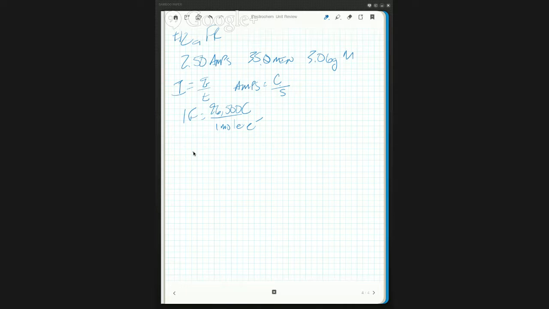Something like that. Because coulombs is equal to amps times seconds, we had 2.50 amps. Let's make a bridge here.